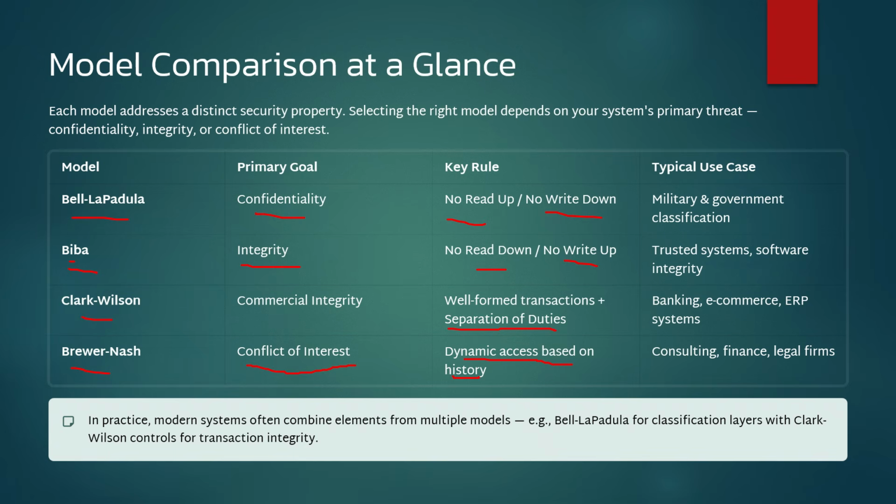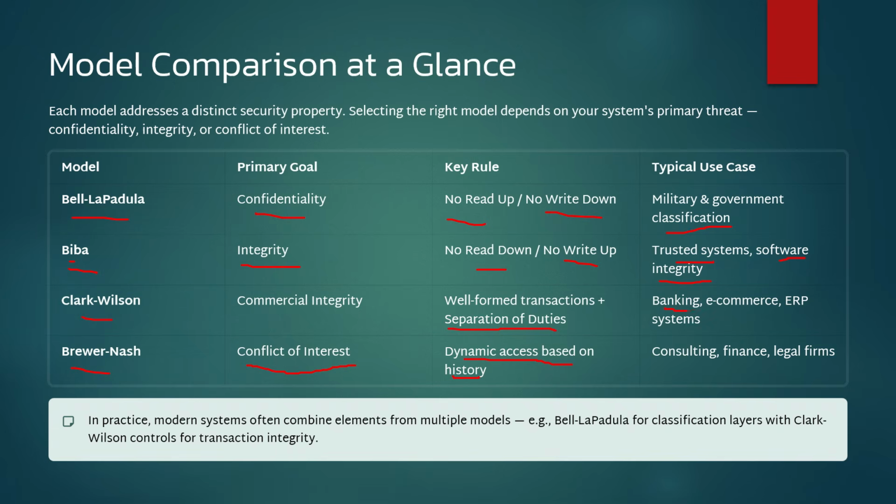What are the typical use cases? In military and government classification, LaPadula is used, right? Where there is trusted system software integrity, and integrity comes into place, Biba is followed.